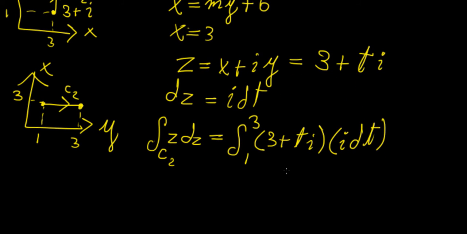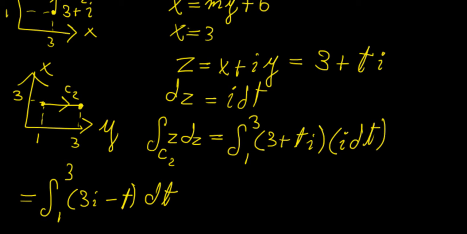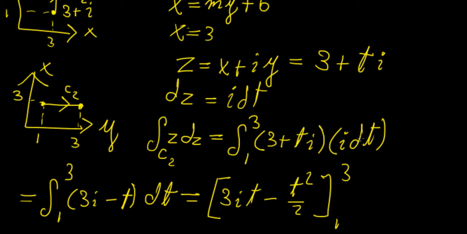So we can expand this out, we can multiply that i by these two terms, and then we're going to get the following. We're going to get 3i minus t dt. And this is going to be equal to 3it minus t squared over 2 from 1 to 3.